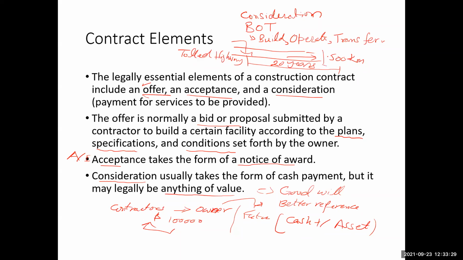And after that 20 years, they will transfer the operation of that highway to the government. So in that situation, the consideration is taking place in the form of the asset itself. This is also one kind of consideration, but of course it's a more advanced level example. Okay, got it? So this is the build, operate, transfer type of project, the one example which I have given to you.